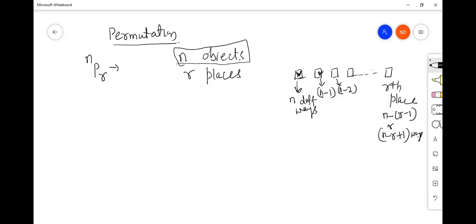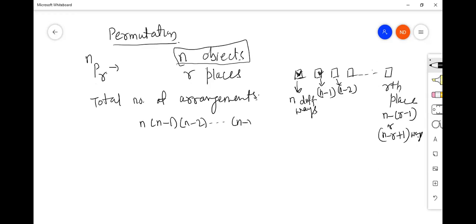Now all r places taken together, the total number of arrangements would be n into n minus 1 into n minus 2, and so on, up to n minus r plus 1, using the multiplication rule, the fundamental principle of counting.